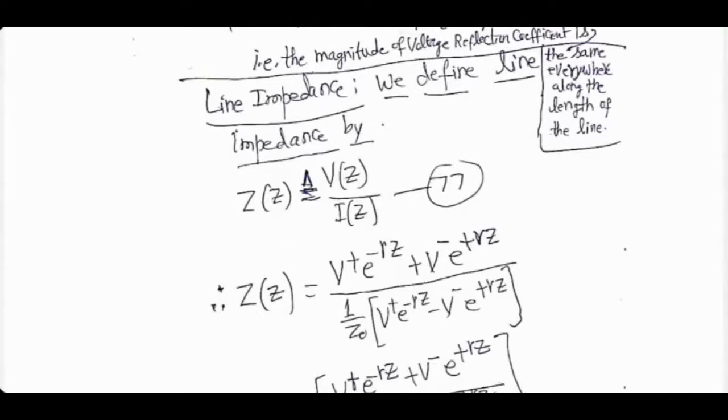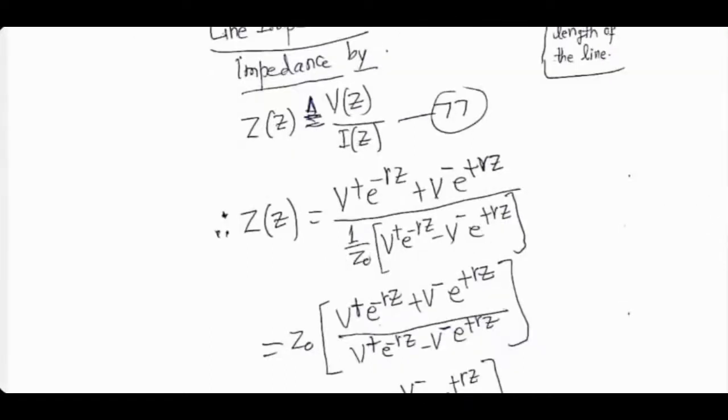Now again, horrendous mathematics. Once we have decided to define impedance this way, you plug in the well-known equations and simplify the result. Z0 obviously comes out on the right hand side and the remaining items go within the parenthesis.